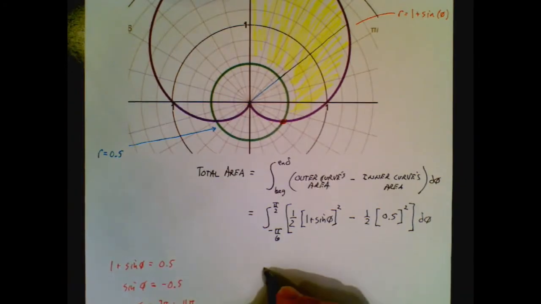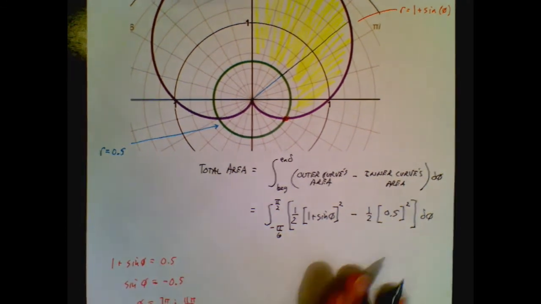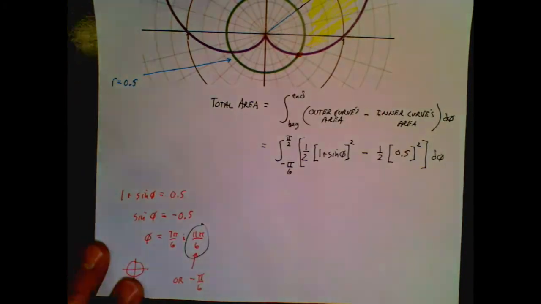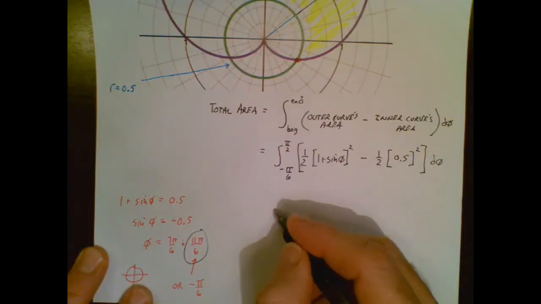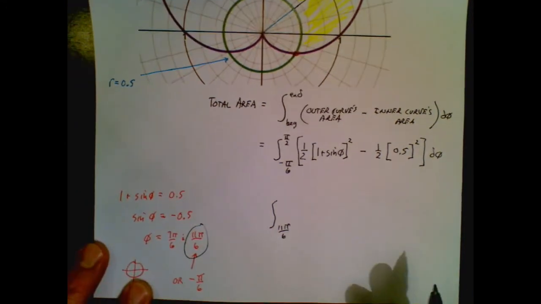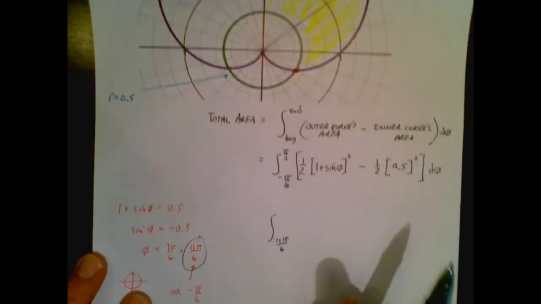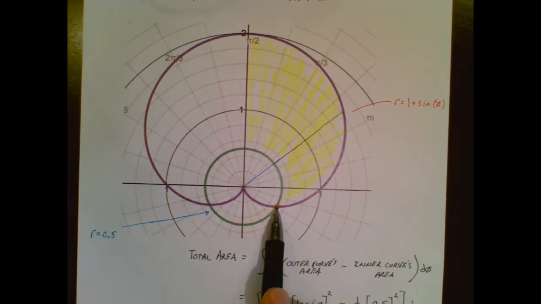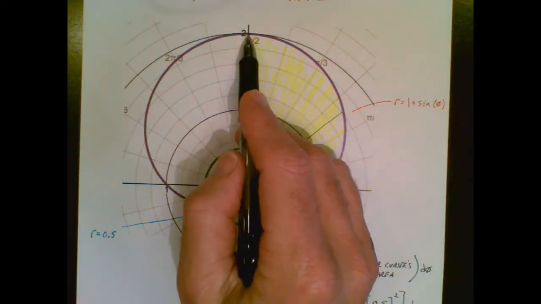If I had chosen my 11 pi over 6, because remember when I did this with algebra earlier, we got 11 pi over 6, for my beginning spot, then I would have to imagine that I continue on and on until here.